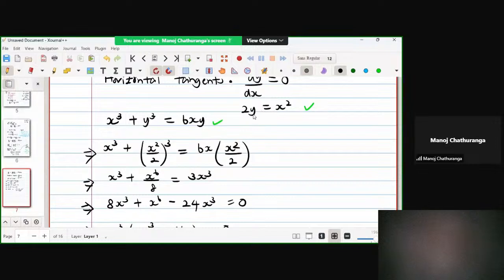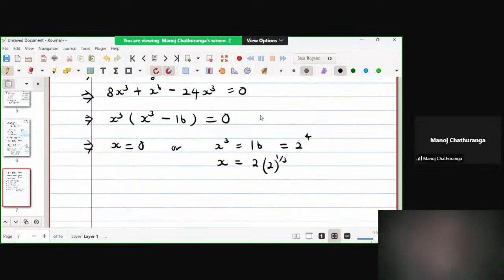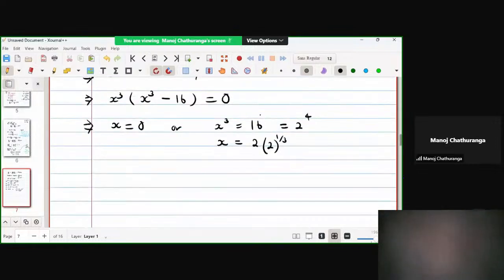And at this point, y equals x squared divided by 2. So square this number and divide it by 2.